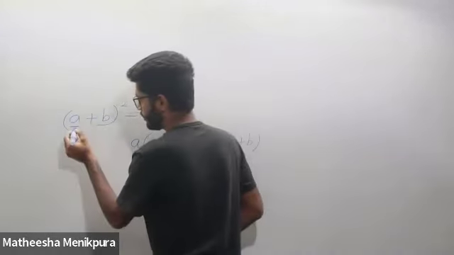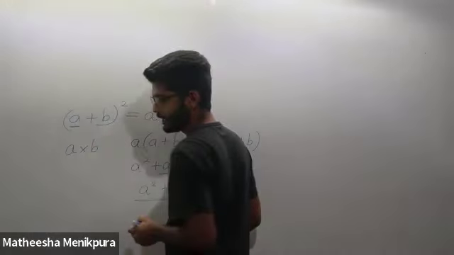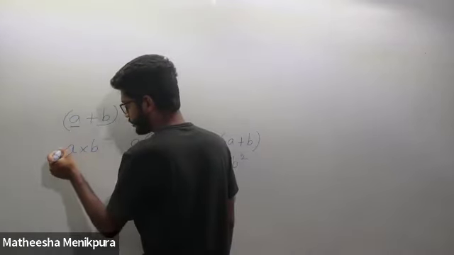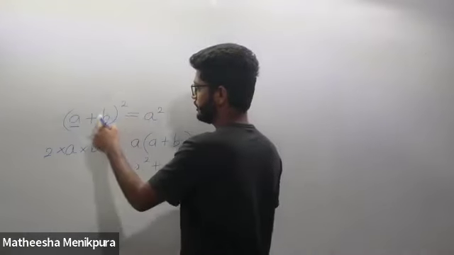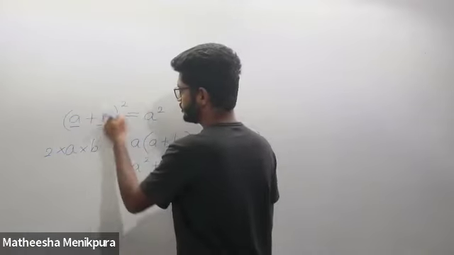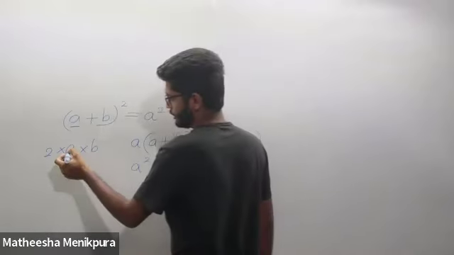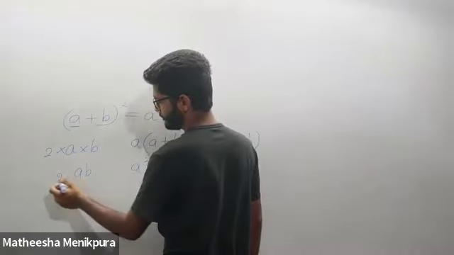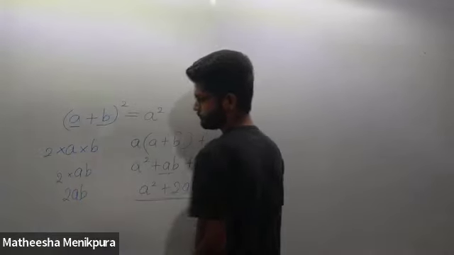After that, you multiply these two terms and multiply that by 2. Just take the product of these two and multiply it by 2. So a times b is ab, and when you multiply that by 2, that is 2ab.